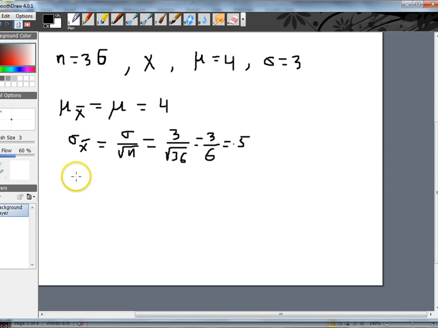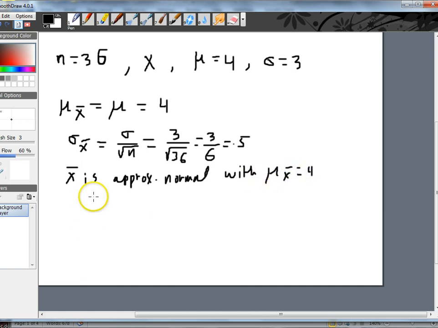So therefore x bar is approximately, because n is more than 30, normal, with mu of x bar equal to 4 and sigma of x bar equal to 0.5.